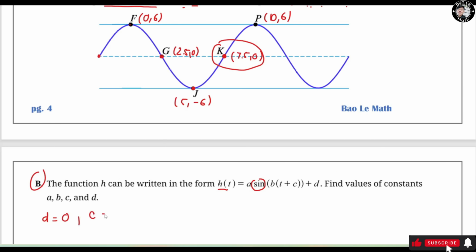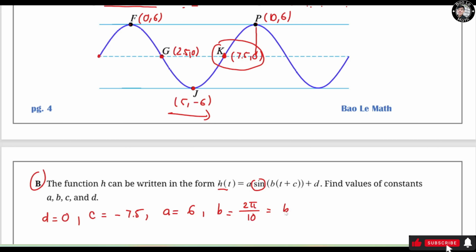And c equals negative 7.5 because it shifts to the right. A is the amplitude. Amplitude is the difference between the midline and the maximum, so A equals 6. And finally, B is 2 pi divided by the period, which is 10.